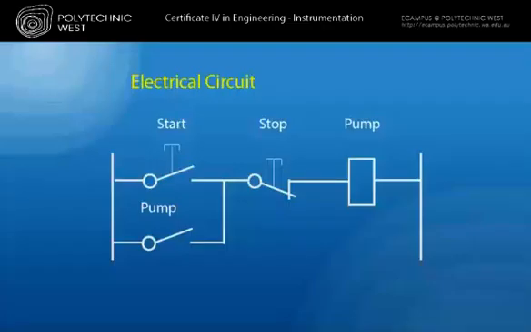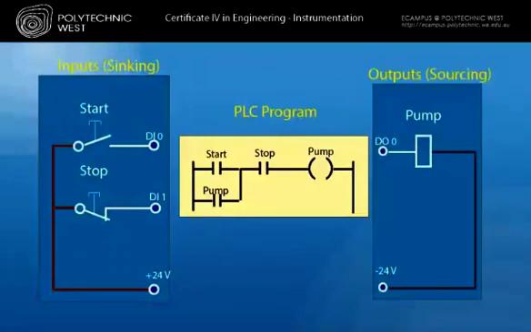Here we have our electrical circuit of our start-stop circuit. The stop button is normally closed so that we maintain fail-safe in our electrical wiring. Here we have a diagram showing how the electrical connections of our start and stop push buttons connect to the PLC program.